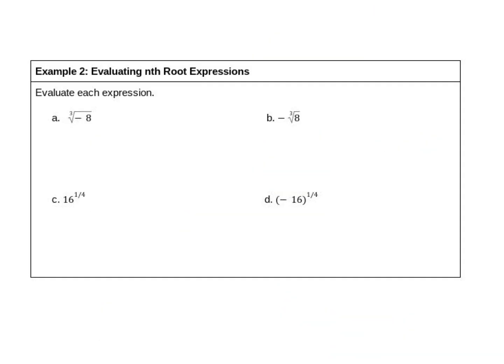Okay, let's evaluate each expression. So we have a cube root, so it's an odd index root, and it's negative, so that means everything kind of has to be negative. So -8 could be -4 times -2. Actually, it'd be 4 times -2.